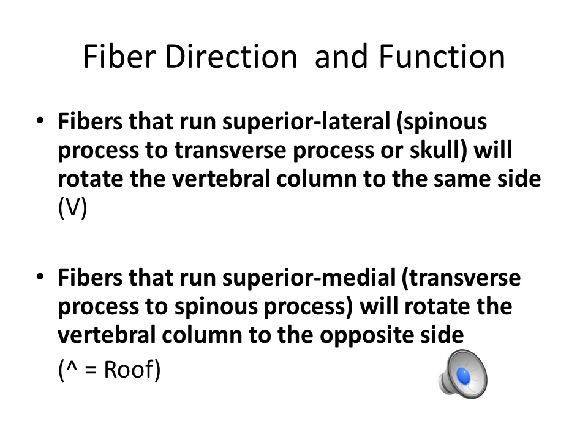Of course, the muscles in the spinal column are paired, so you have a right side and a left side. When you look at these muscles, if they form a V, you have a muscle that will rotate the vertebral column to the same side.